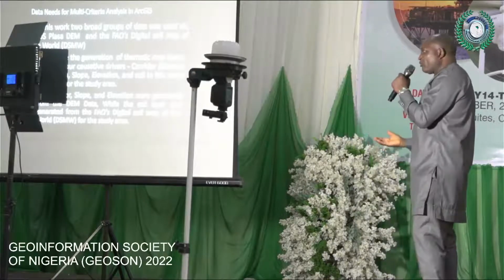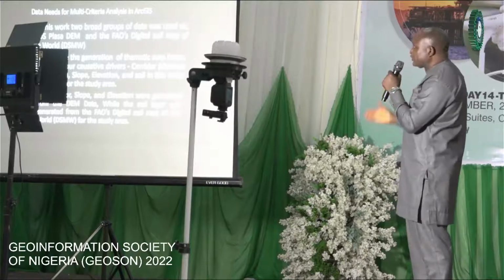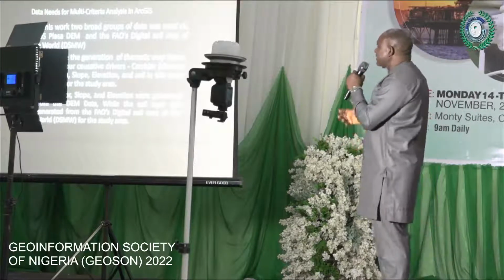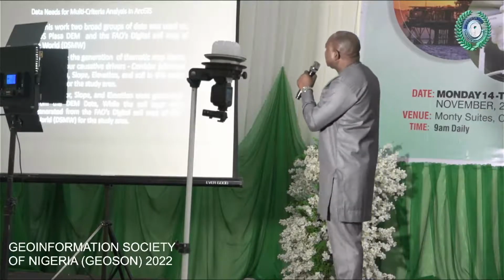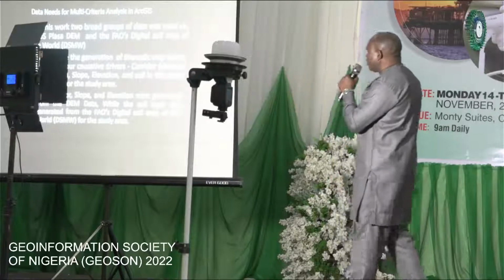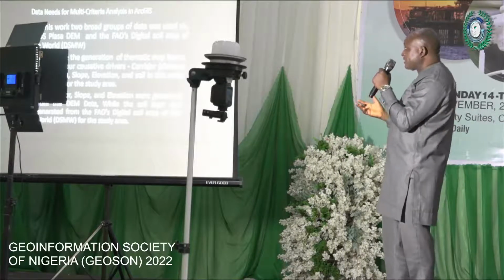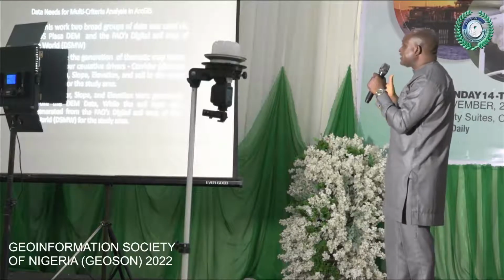The need for multi-criteria analysis. For this work, two broad groups of data were used, vis-a-vis the ALOS PALSAR DEM and the Food and Agricultural Organization Digital Soil Map, that's FAO, of the world. This involved the generation of thematic map layers based on 4 causative drivers.